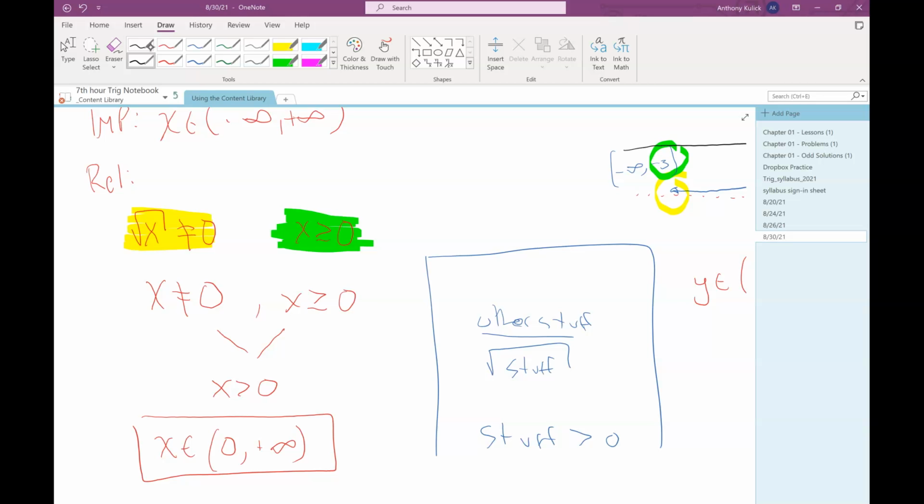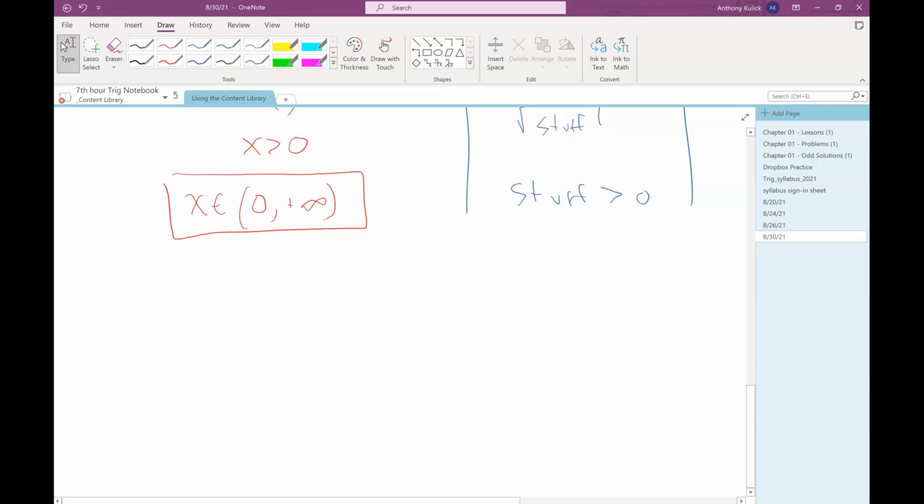Can you give an example where the implied domain would just be negative? Yeah. So it would have to be part of something with context, right?